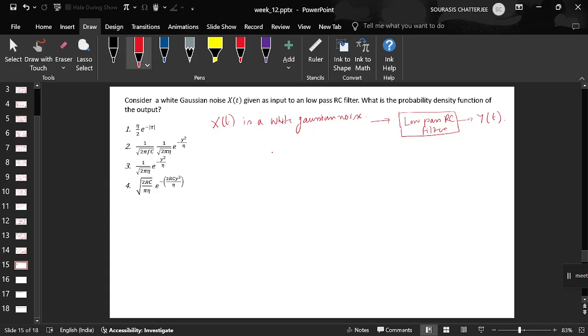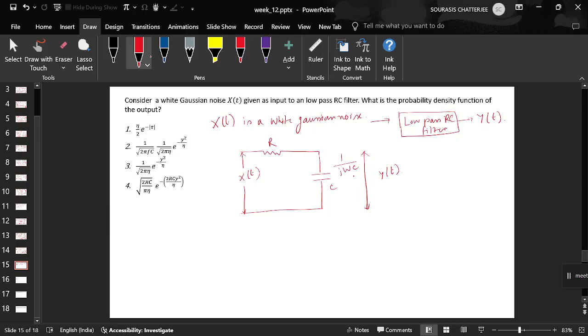Okay, if I am to draw a low pass RC filter, it's something like this. R here, and the capacitor C here, so its impedance is given by 1 over j omega C. So basically you can see at low frequency it offers very high impedance, so the entire signal applied here comes across here also, that is Yt, the output.